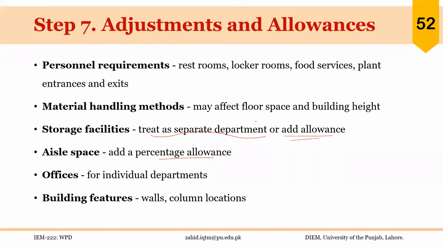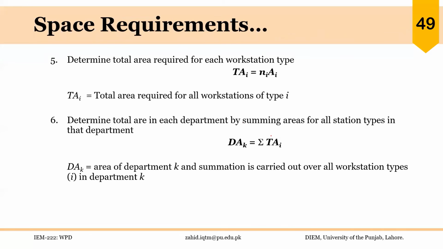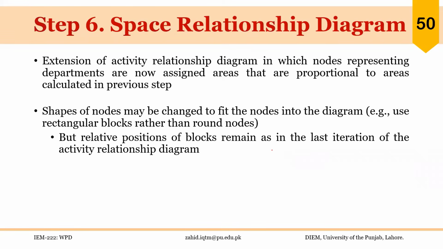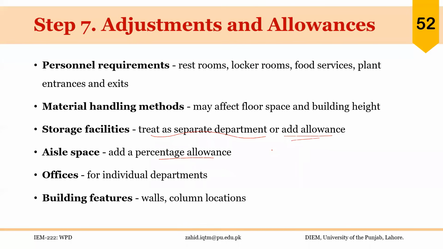We could use a rule of thumb and, for example, add a certain percentage of the area as an allowance. For example, whatever area was calculated here, we could add 25% of it for all types of allowances. Or we could, of course, look at the specific requirements of each department and add allowances accordingly.